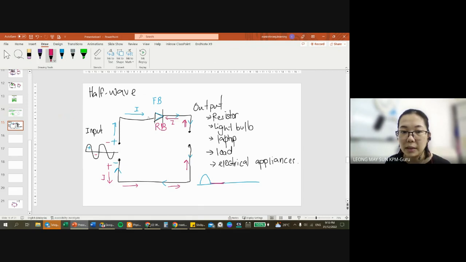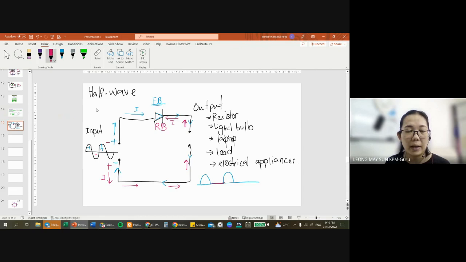So when it doesn't flow to the negative terminal, then it flips to the top half again. So the blue one will flow passing through the diode, forward bias, and then back to the negative terminal. Then only it will appear again.